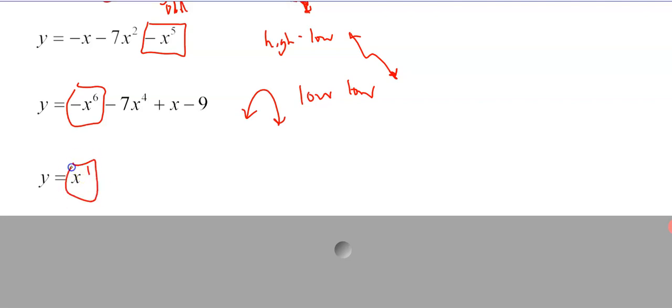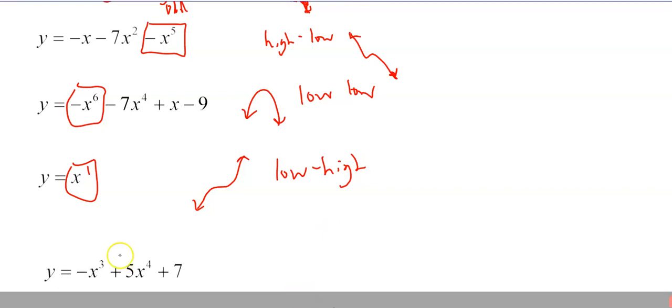X to the first is odd and positive, so that's going to start low and end high, classic John Travolta. So that's going to be low, high. This one, this is the largest degree term. It's even and positive, so up, up, or high, high.